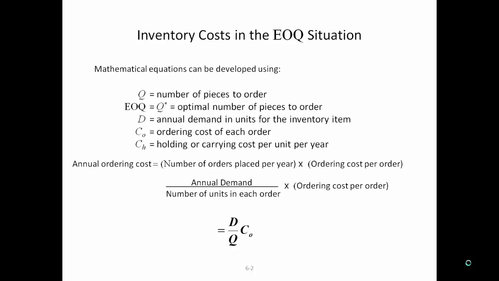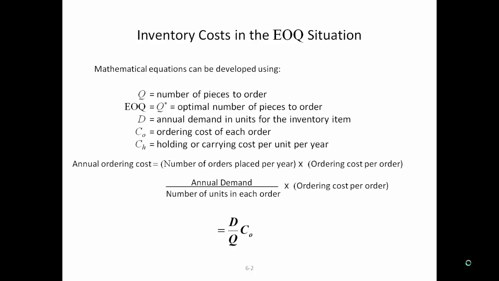If we look at the annual ordering cost, the annual ordering cost is the number of orders placed per year times what they cost. That makes sense because if I know how many items I need to order and I know what the cost is, to know how much it's going to cost me, I just multiply the number times that cost.